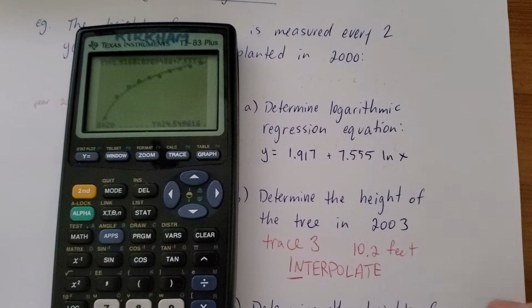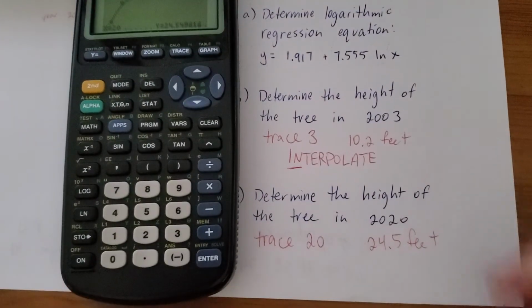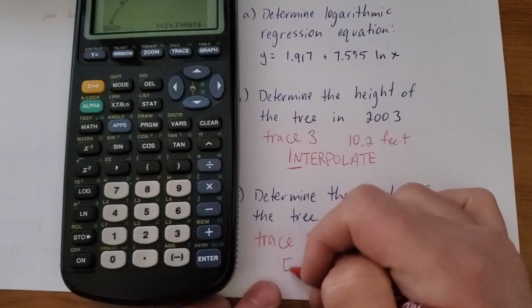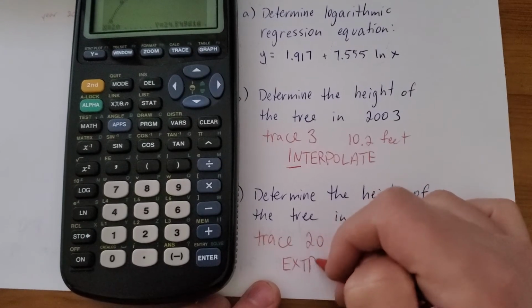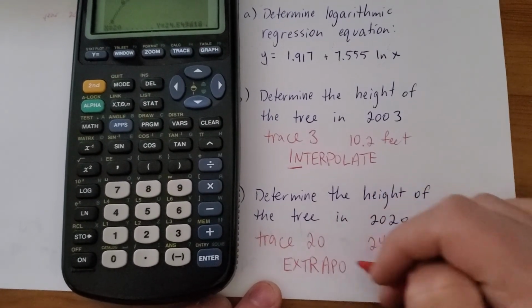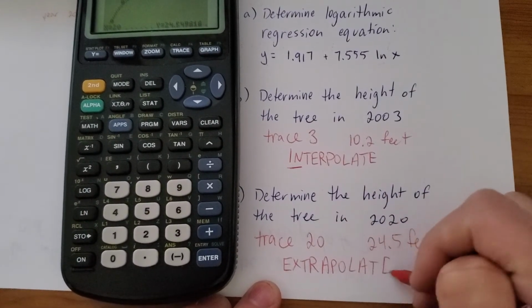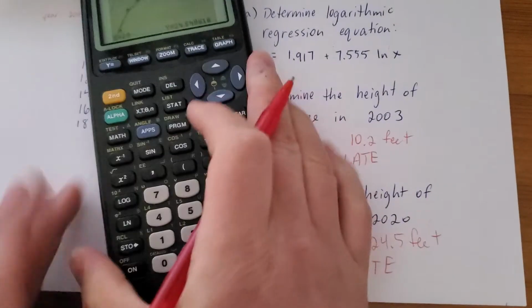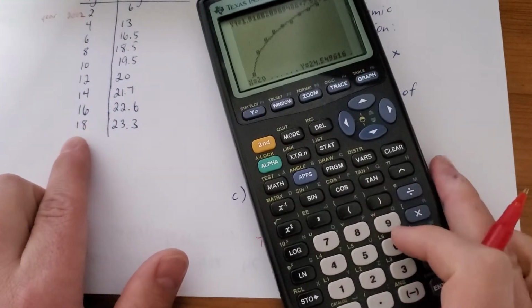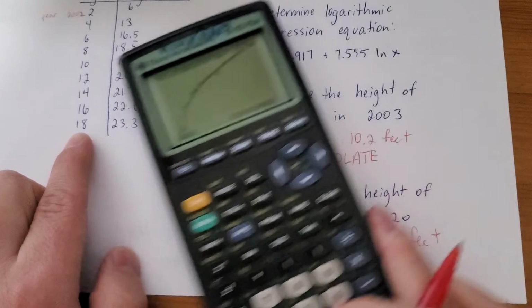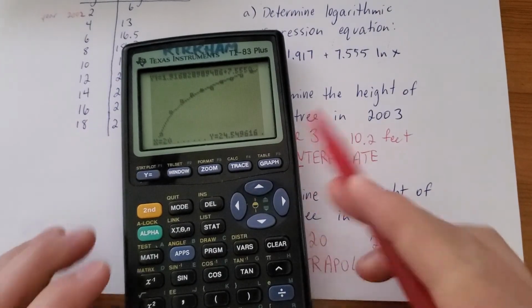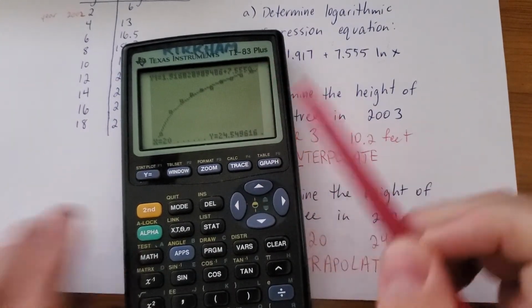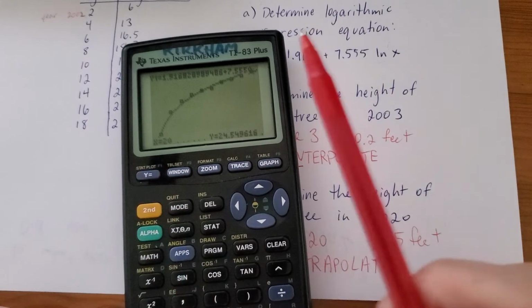Check this out though. This is a new word now. What we just did is something called extrapolate. Because our data ended at 2018 and we got 2020. Extrapolate means you go either to the right or to the left of the dots of the data.